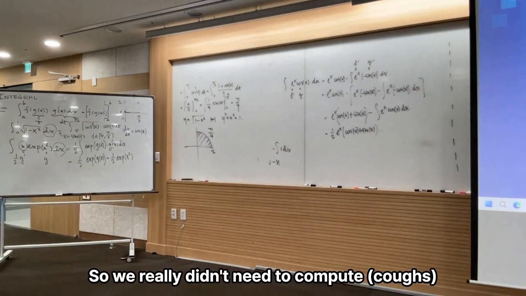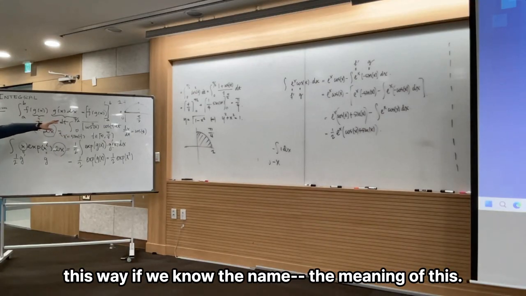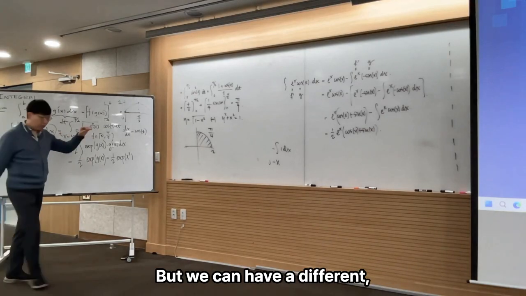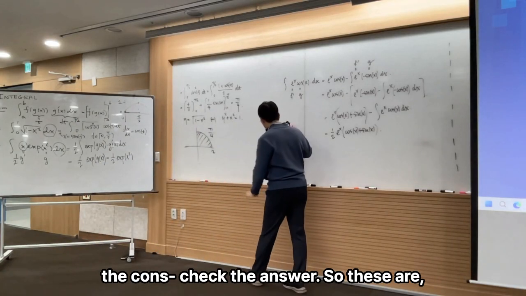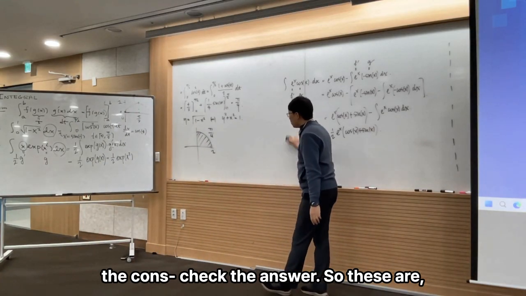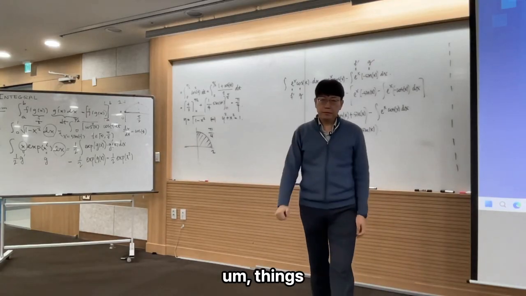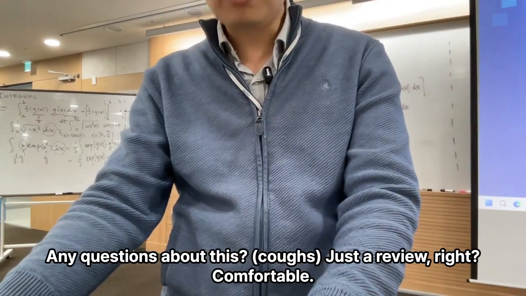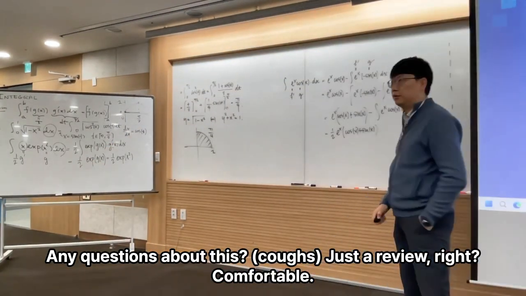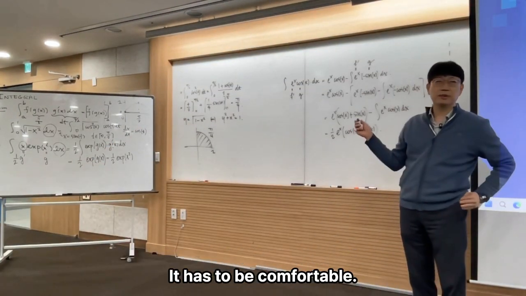So we really didn't need to compute it this way if you know the meaning of this. But we can have several other ways to check the answer. These are things that we can review from our past experience. Any questions about this? Just a review, right? It has to be comfortable.